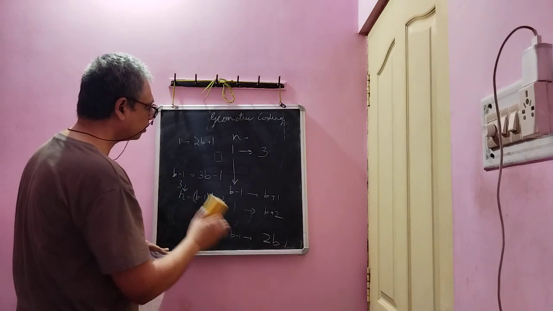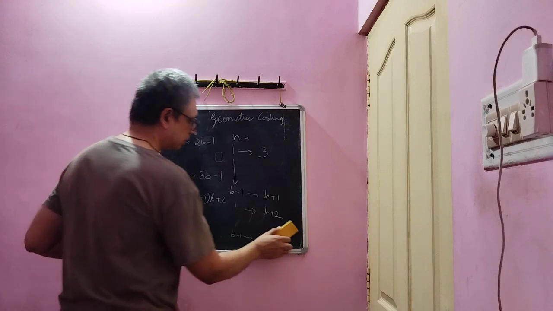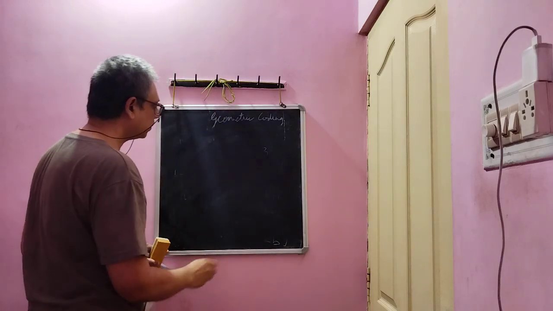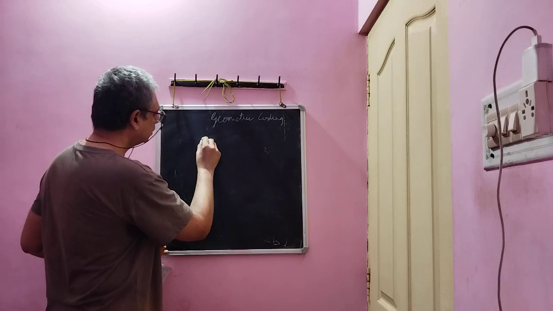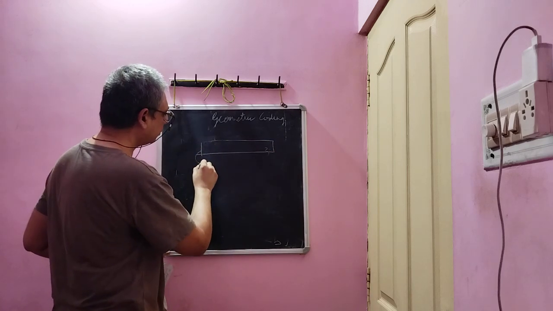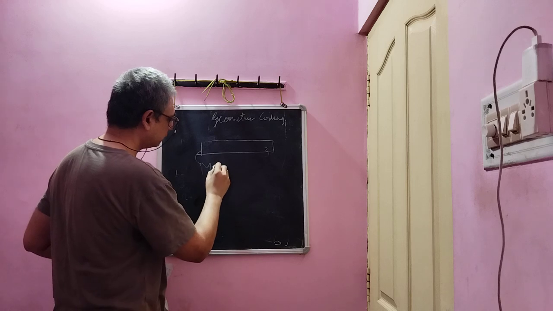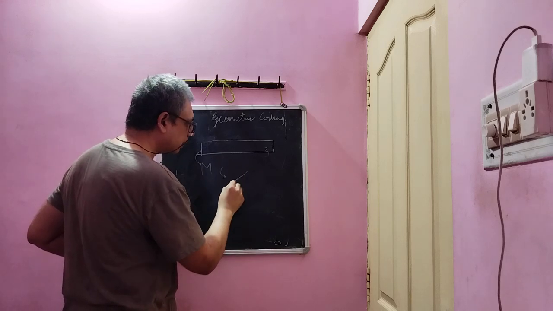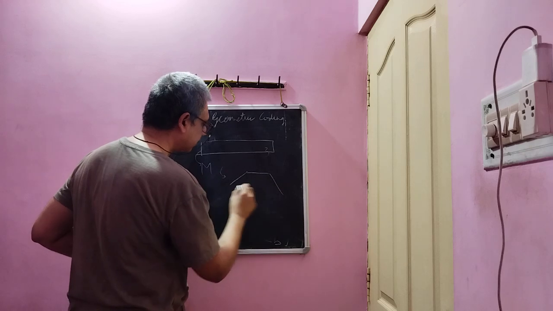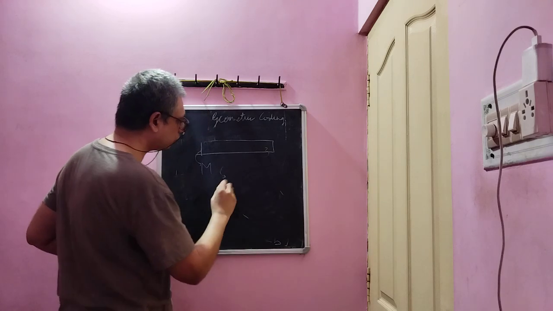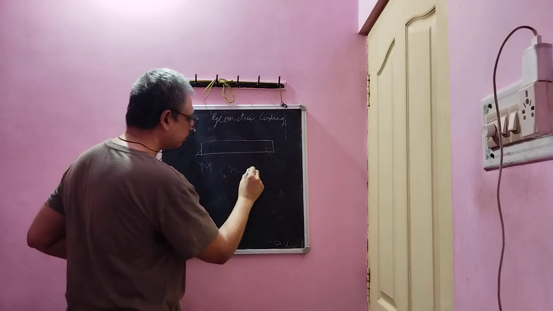So this is how the coding is done. Now, the leftmost digit of the code will represent the maximum value n itself, that is, the area enclosed by an n-sided figure, where n is the maximum value.